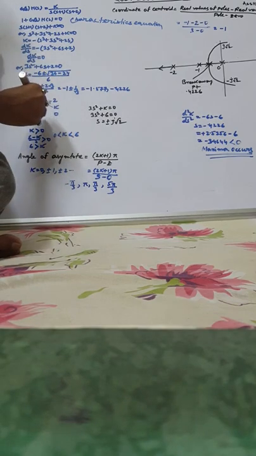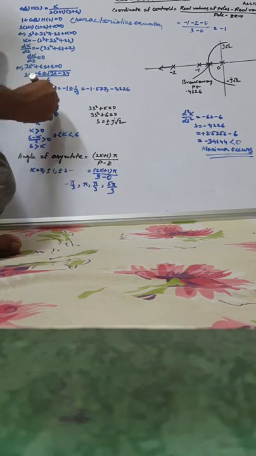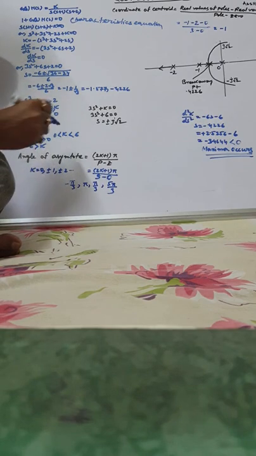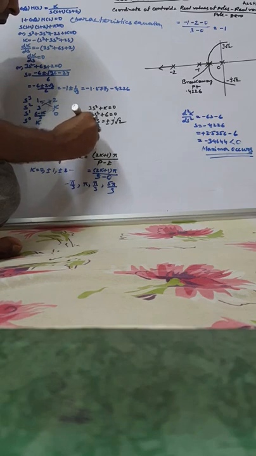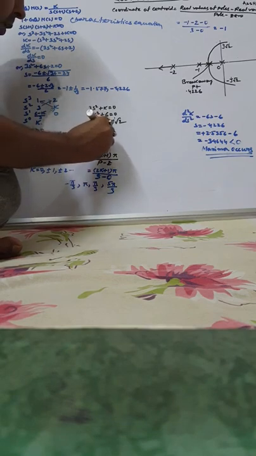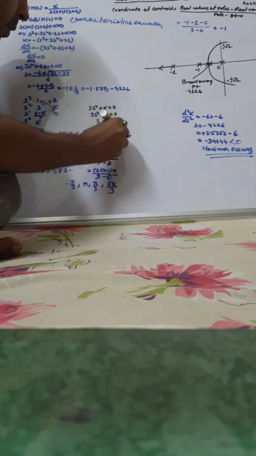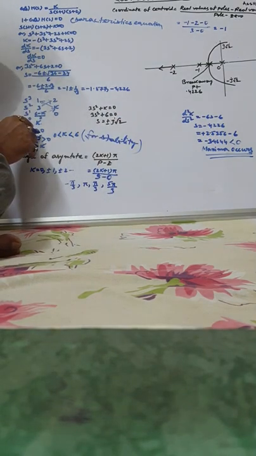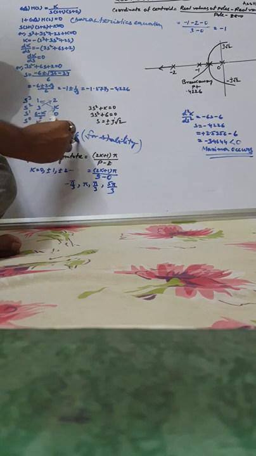So 6 minus K by 3, and this will be K. For stability, K greater than 0 and 6 minus K by 3 greater than 0. So 6 greater than K. So the K value lies between 0 and 6.